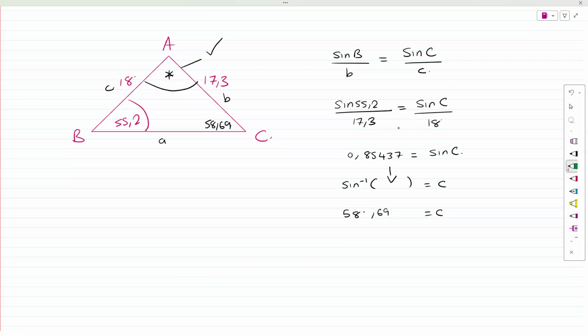Now, the next part is for us to get angle A. Now, for angle A, it's quite simple because we got two angles. We can deal with it quite easily.